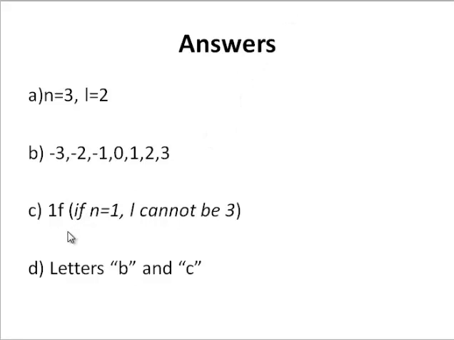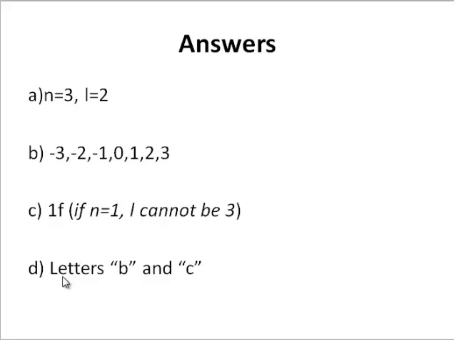Next question was, which of the subshells cannot exist? And the answer is 1f. 1f means n equals 1. F means L equals 3. And if n equals 1, L cannot be 3. In fact, if n equals 1, the only allowed value of L is 0.